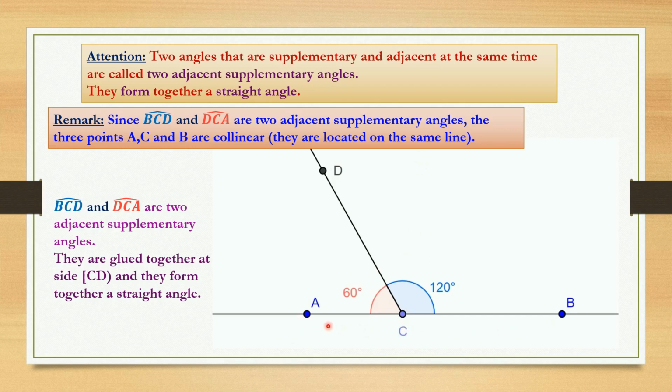So here, if we have two adjacent supplementary angles, we will have these 3 points as collinear points. So be careful. Because if these 3 points are not collinear, it means these two angles are, of course, not supplementary because they won't be forming a straight angle.